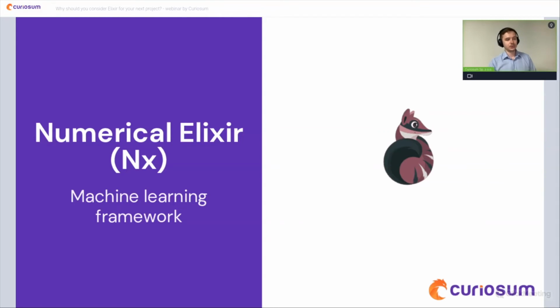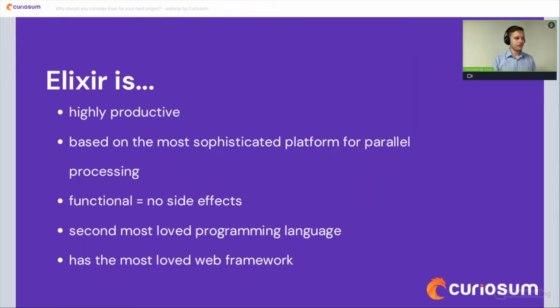This is a project that was started around a year ago, I think, maybe a little bit more. So you could think that it's not production ready, but it actually is. I can see that it's already used in production in some of the projects. So if you're interested in IoT or machine learning or web especially, Elixir can deliver you great tools.